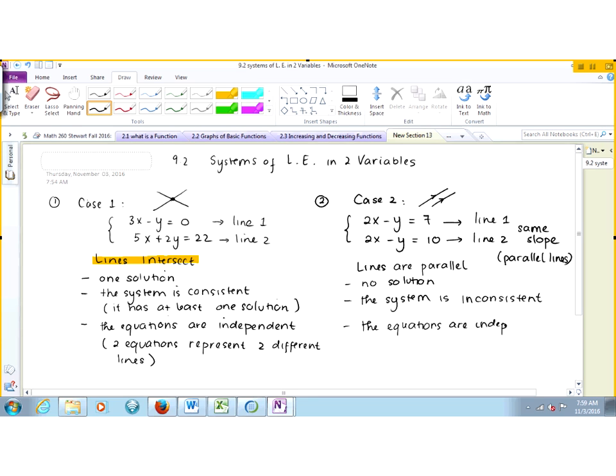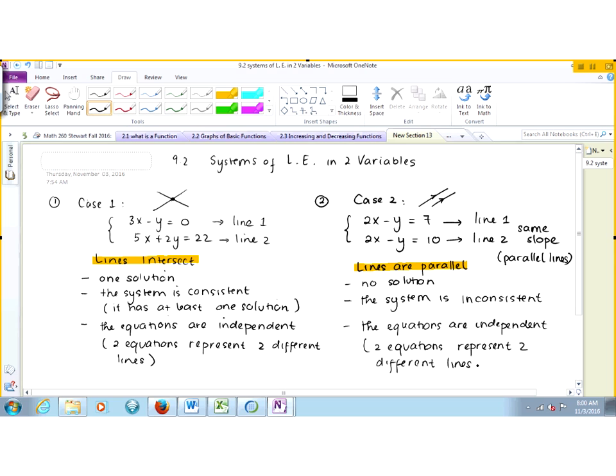Why? Because the two equations represent two different lines. So it is possible that a system has no solution.